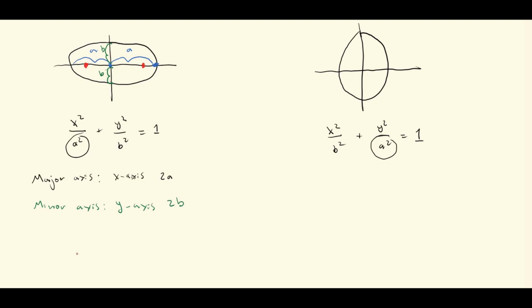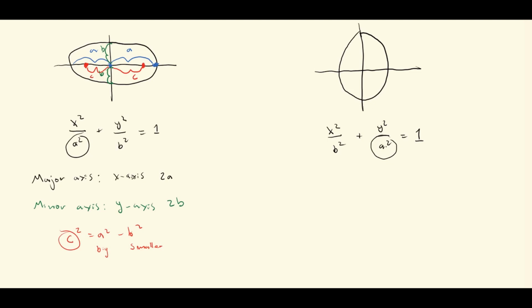To find exactly where, we use the equation c squared is equal to a squared minus b squared. It might be helpful to remember that c squared is equal to the bigger minus the smaller. a is always going to be the bigger number and b is always going to be the smaller number. Once we find c, c tells us the distance from the center to the focus. And same thing on this side. Those two distances are c.